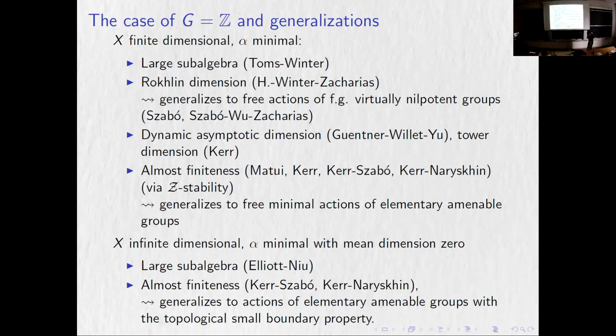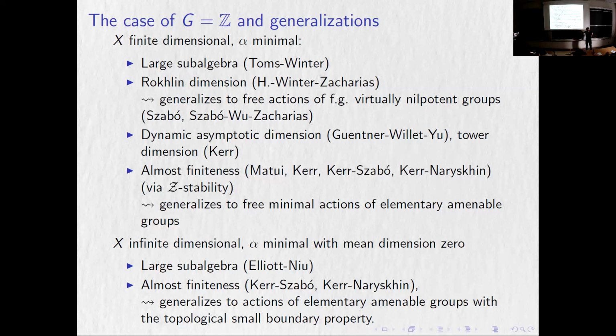Now, some of those things work more generally, even if you don't assume that X is finite dimensional. That goes a bit beyond the question I mentioned. If X is infinite dimensional, C(X) does not have finite nuclear dimension, but nonetheless the crossed products may have finite nuclear dimension. If we have an action of the integers on X with mean dimension 0, Elliott and Niu proved that the crossed product has finite nuclear dimension.